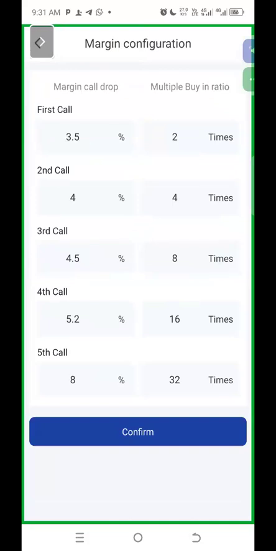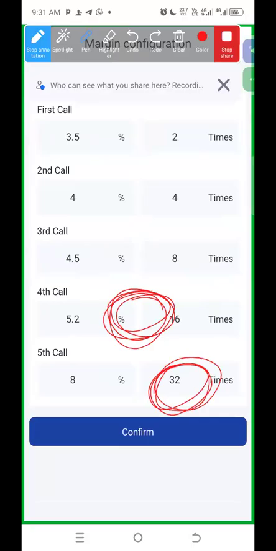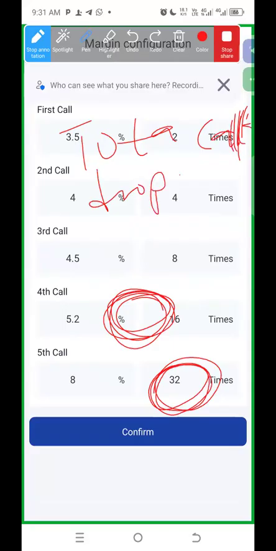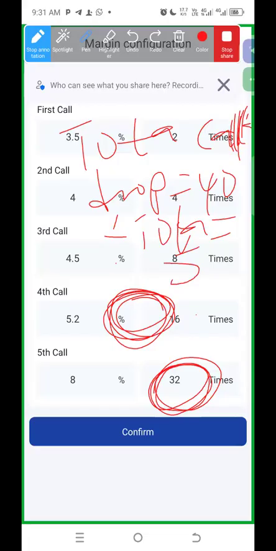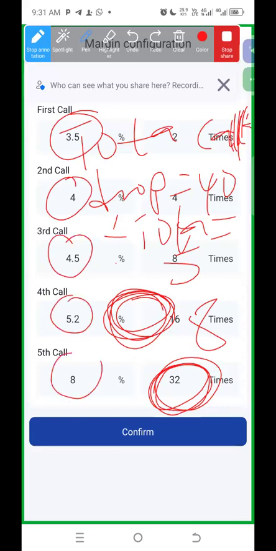So how do you calculate the drop? Your total calls drop, which is 40, divided by total limit, which is 5, is going to give you 8 per drop. It simply means there is going to be 8, 8, 8, 8, 8.